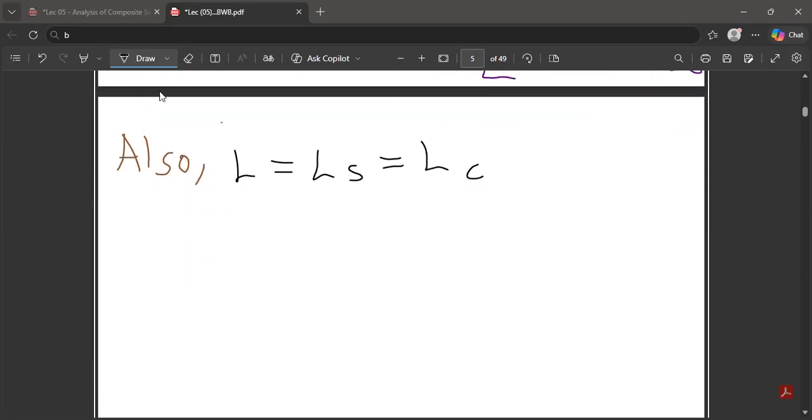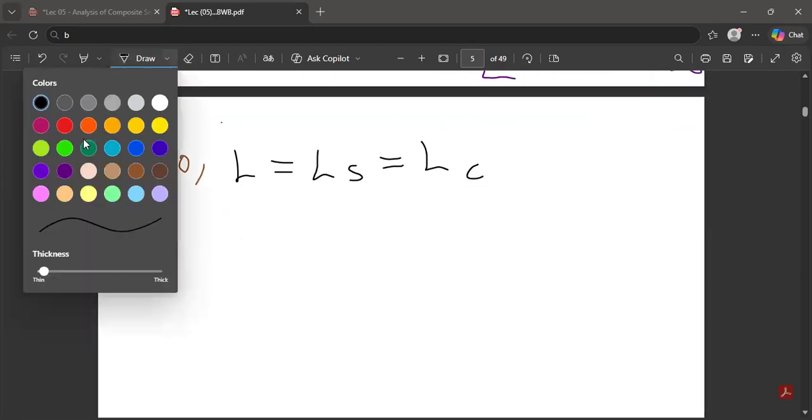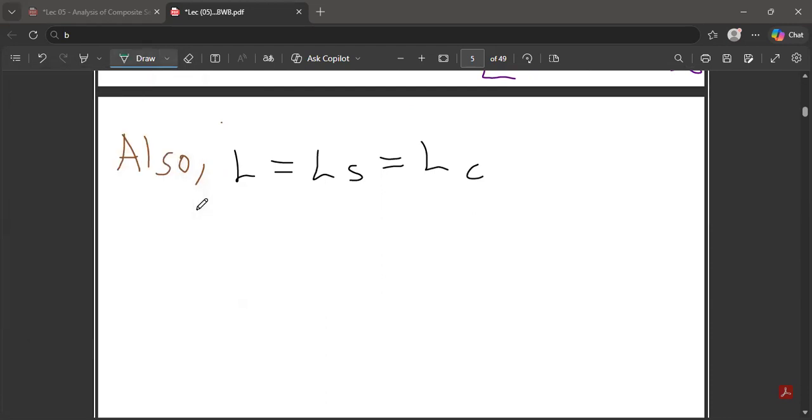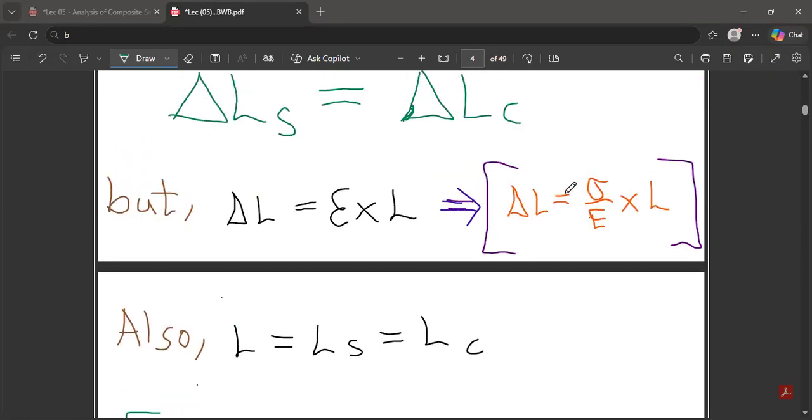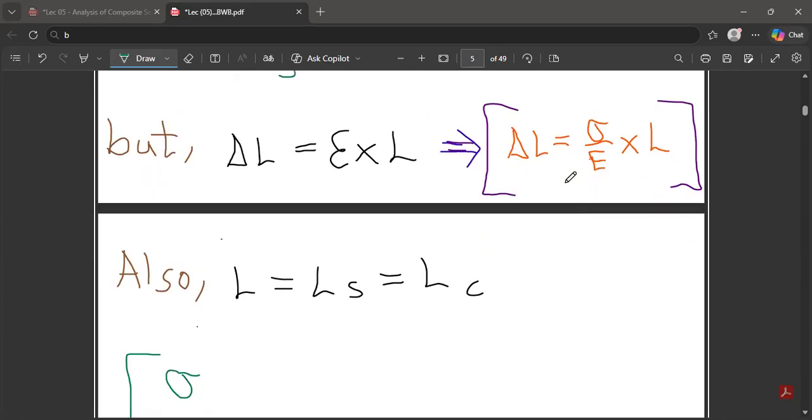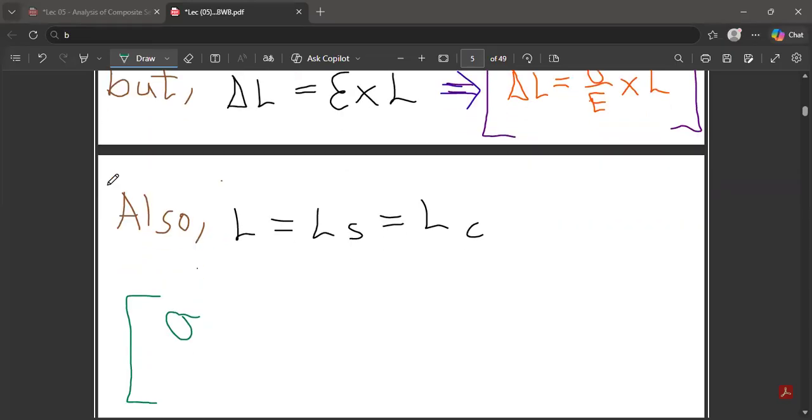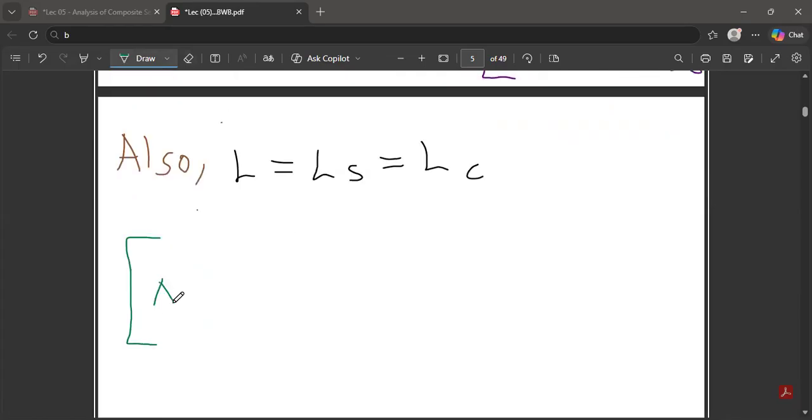So from that relation, it implies that the formula we are going to adopt to solve our problem will be this: the stress over elasticity. So let me denote this as finally our change in length.